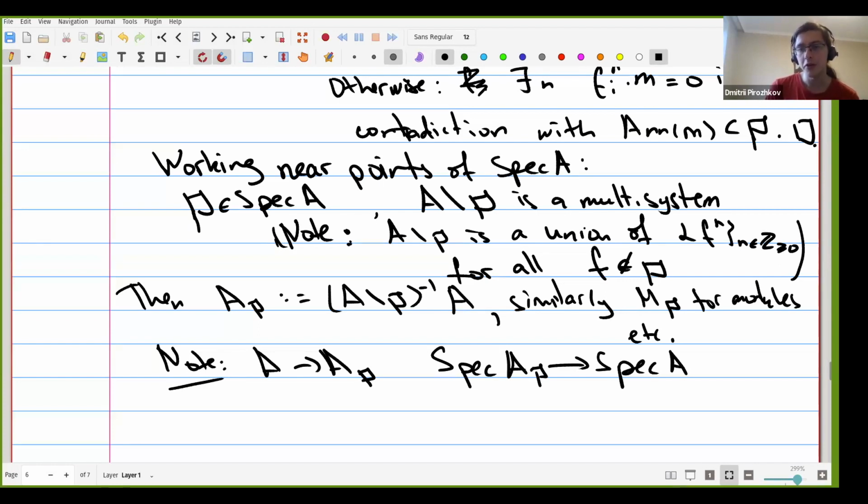In the previous case, where we localized in powers of some function f, we had an embedding of an open distinguished subset, but this is usually not an open embedding.